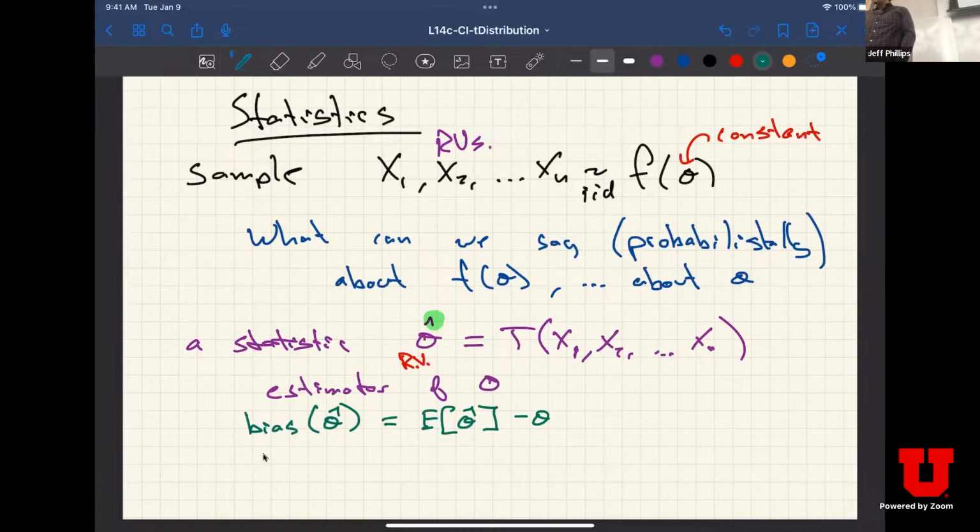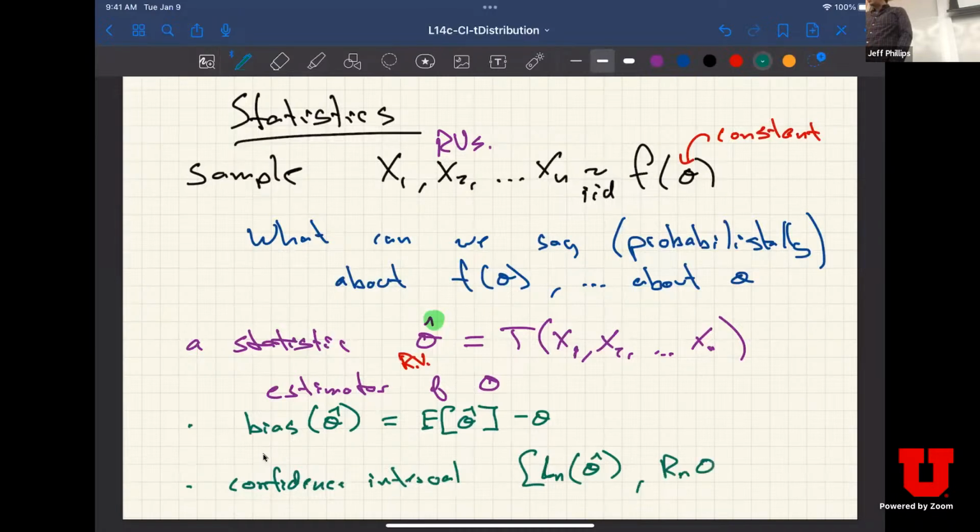The second thing we've been talking about the last few lectures is a confidence interval. And this will be an interval Ln, Rn. We'll call it Ln, and this will often be a function of theta hat n. You can think of it as this, and a right value Rn. These are functions of theta hat n. This is what we used before.